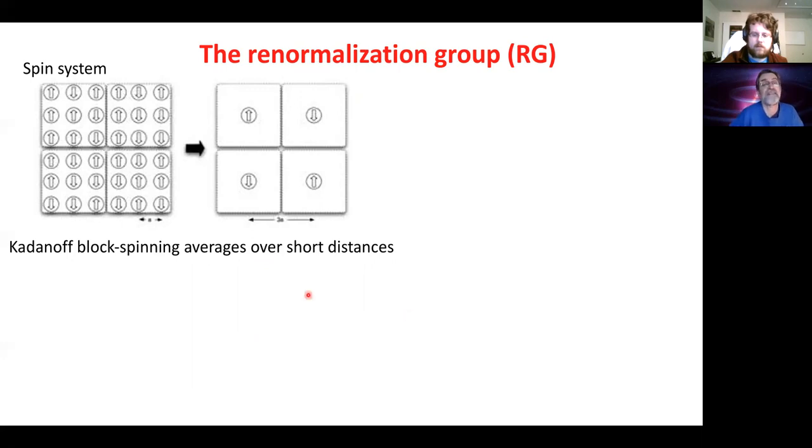So you may have taken statistical mechanics and did an Ising model where you had spins up and down on lattice sites. Well, Kadanoff in the 1960s described that what you wanted to do to understand the phase transitions was to get rid of all of these little details at short distances and average over these and replace these spins by a single spin here, so that you get rid of the short distance stuff and leave the long distance remaining.